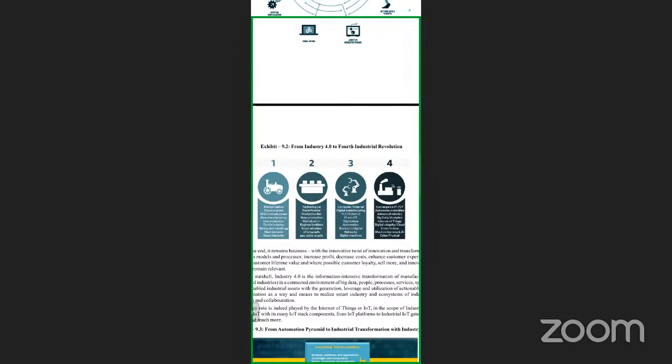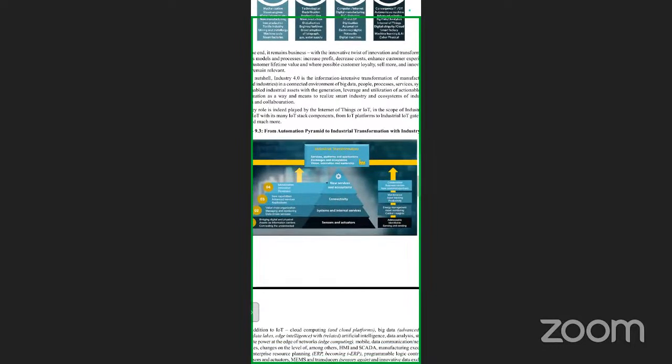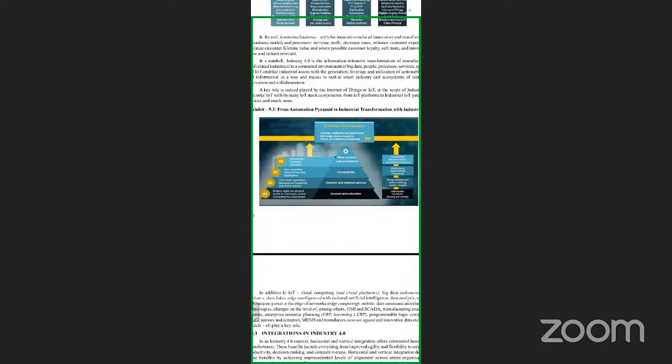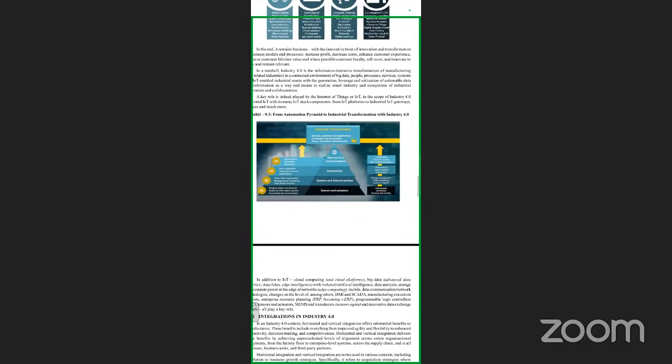When you come to the fourth, it's convergence of IT and OT, autonomous machines or advanced mobile robotics, big data. This all comes under the fourth. So this is how the transformation to the fourth industrial revolution happens, from the automation period to industrial transformation.